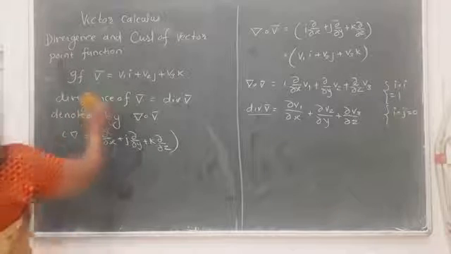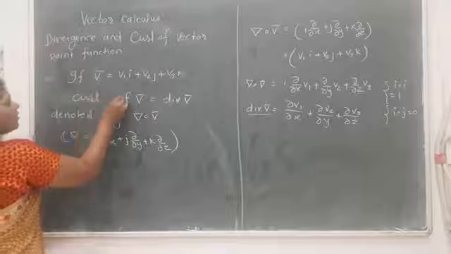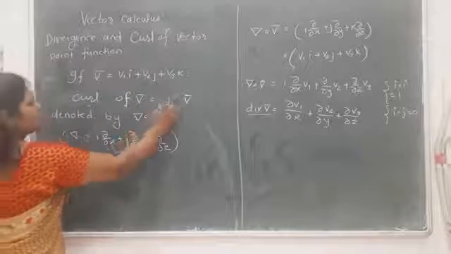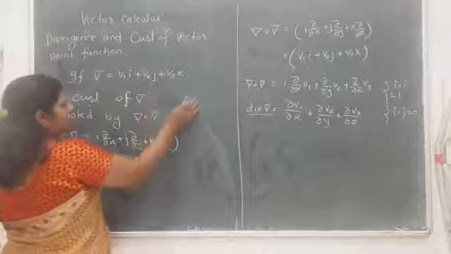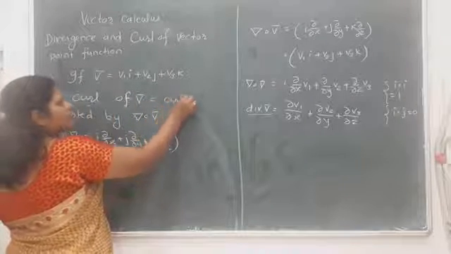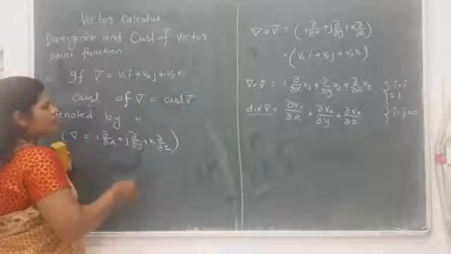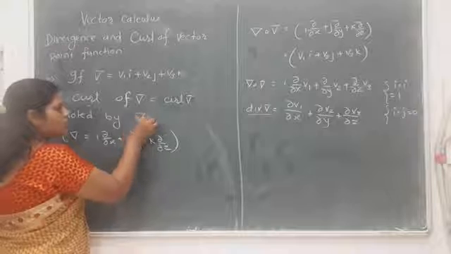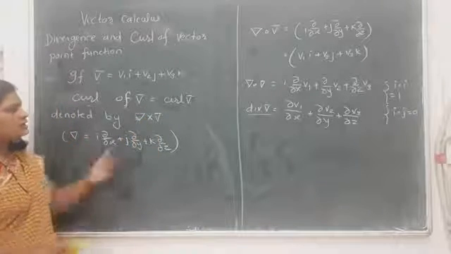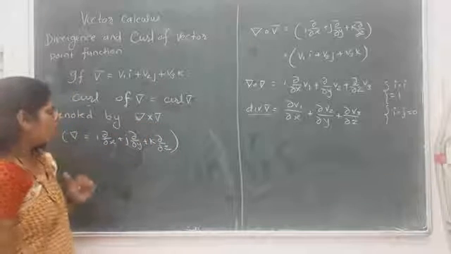So here we write the curl of vector v bar, in short curl v bar, and symbolically the notation for that is del cross v bar.